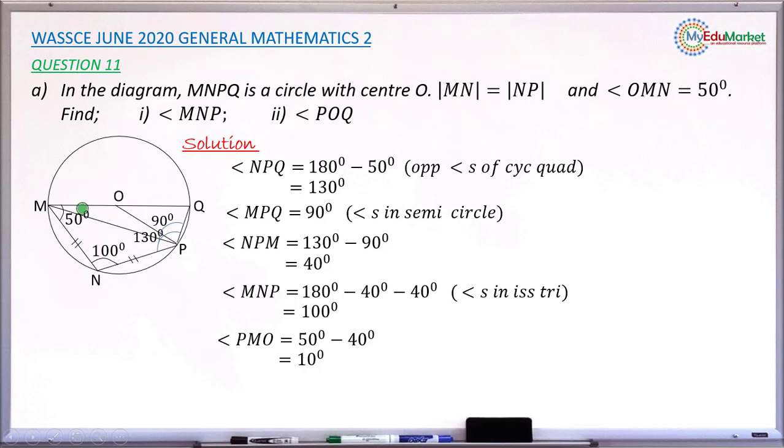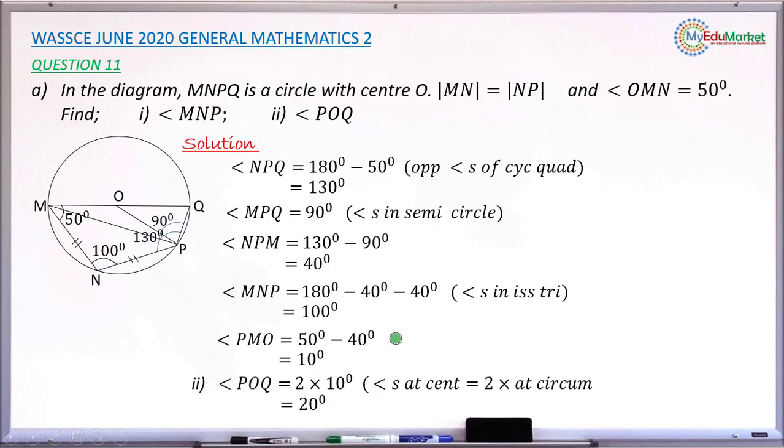And the theorem says the angle at the center is twice the angle at the remaining circumference, which means my angle POQ, asked in Roman 2, will be equal to 2 multiplied by 10. 10 is the angle at the remaining circumference, while angle POQ is the angle at the center, subtended by that arc PQ. So multiplying 2 by 10 correctly gives 20, which means the angle POQ is going to be 20 degrees. And that answers both questions.